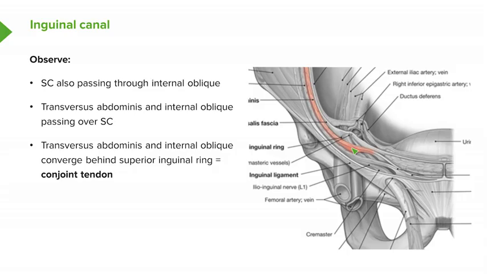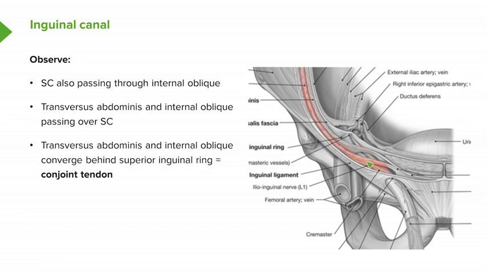So the testes hasn't actually penetrated transversus abdominis like it passes through transversalis fascia, taking a layer with it. It actually runs underneath the transversus abdominis muscle, and that's where we can see transversus abdominis arching over, forming the roof of the inguinal canal.